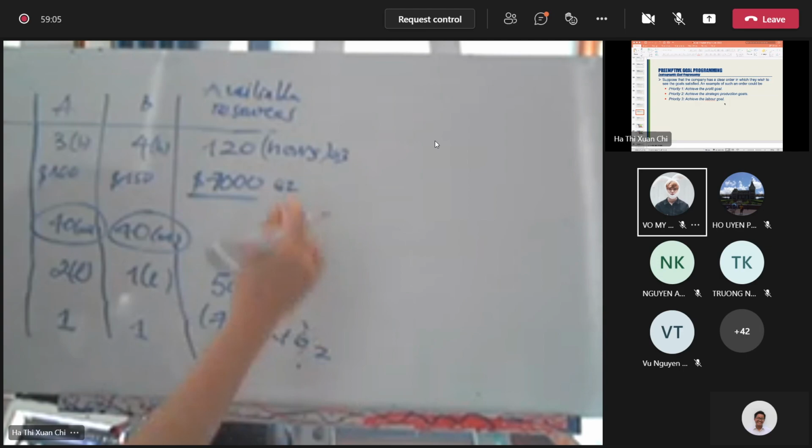Achieve profits, here that is profits, right, everyone? Production goal, here that is units, the combined units. And labor here. So that's 1 here, 1, 2, 3 here. That is the sub-constraint, and this one is the hard constraint.